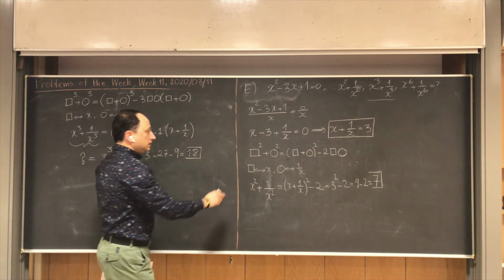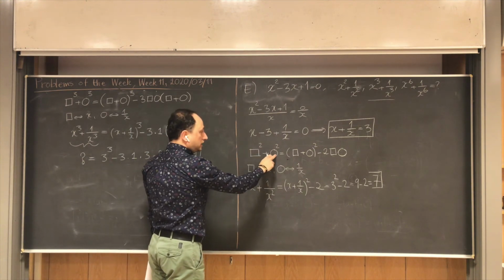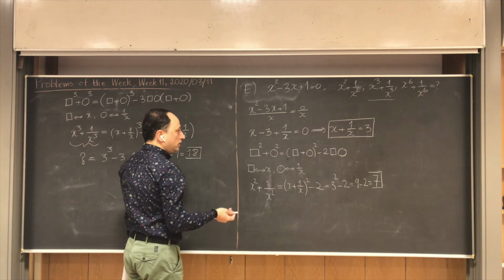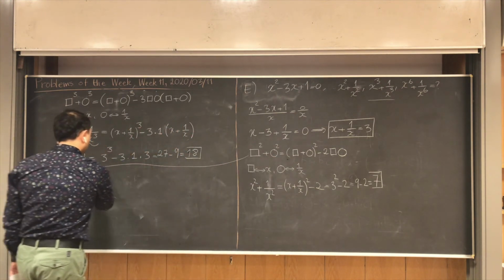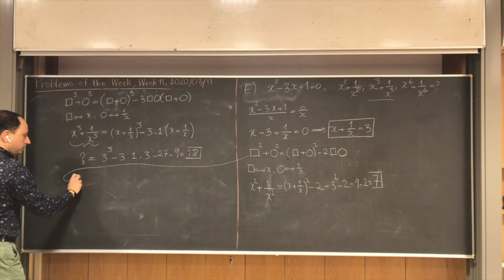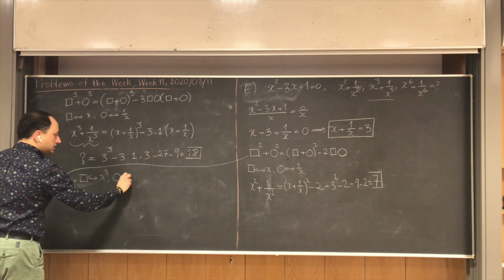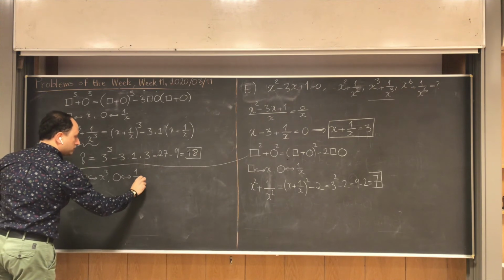Or I can replace the box and the circle here by x to the 3 and 1 over x to the 3. So let me do one of them. You can do the other one yourself. Yes. So here, let me replace the box with x to the 3, and let me replace the circle with 1 over x to the 3.